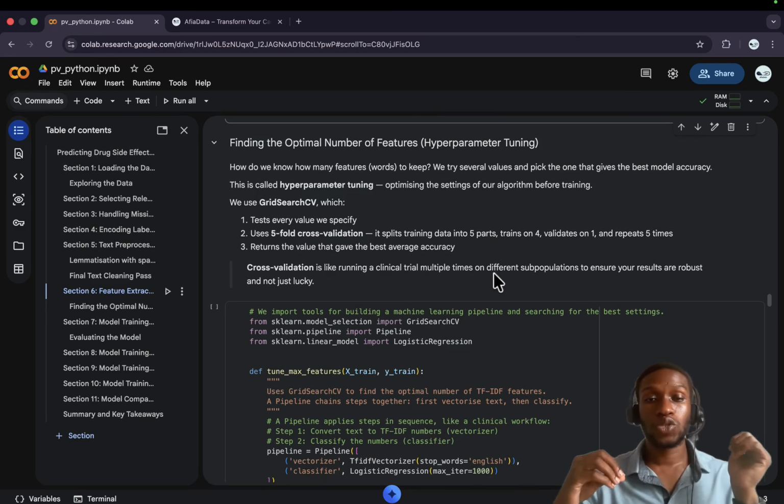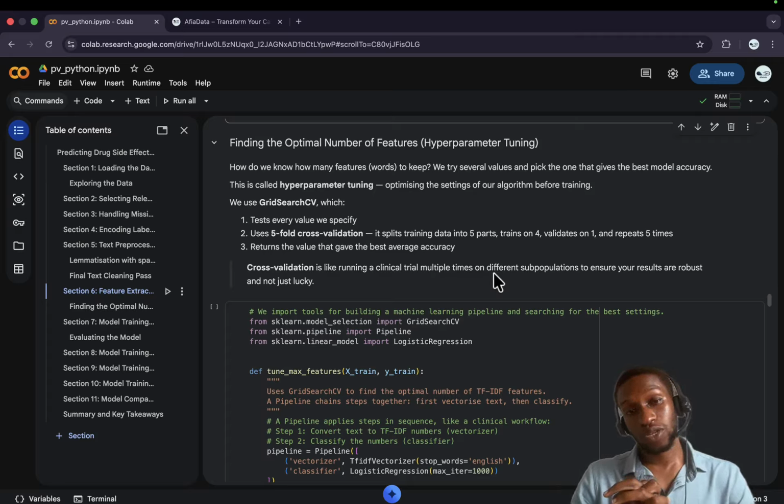So to handle the number of features in this case, we do some steps called hyperparameter tuning. So how do we know how many features or words to keep? We try several values and pick the one that gives the best model accuracy. This is what we call hyperparameter tuning, where we optimize the settings of our algorithm before training.